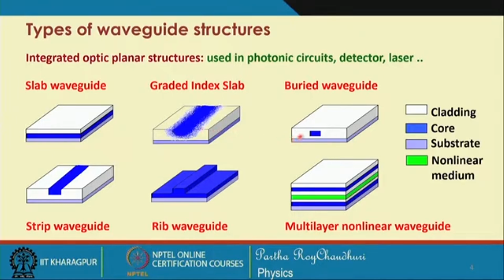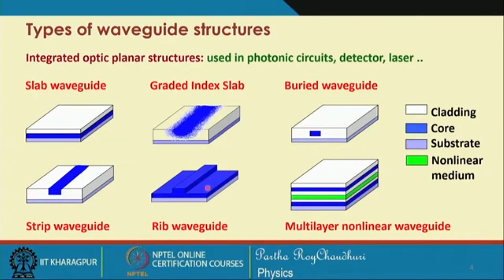Then there could be buried waveguides, where the guiding region is embedded inside, and there is a substrate, there is a film. These are the colors used to represent the different layers of this strip waveguide.